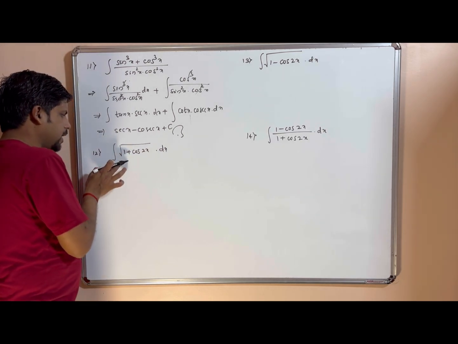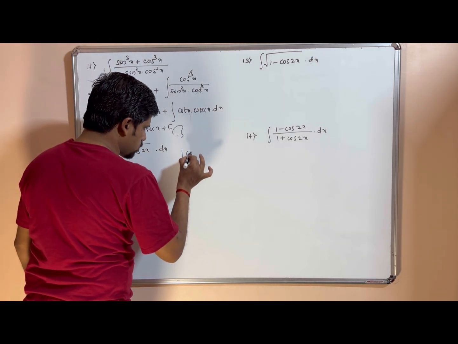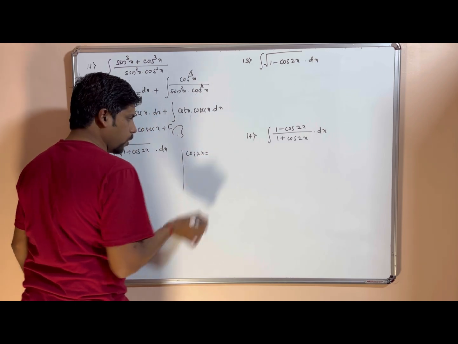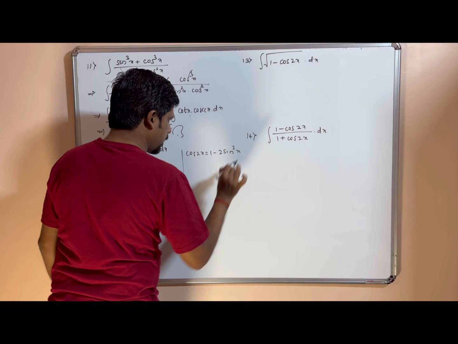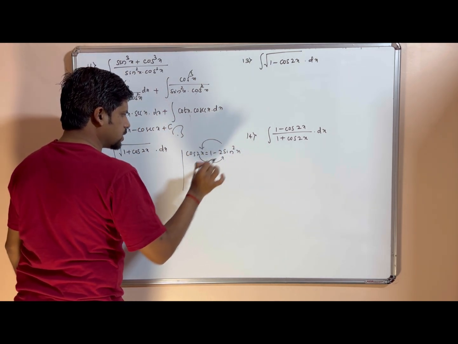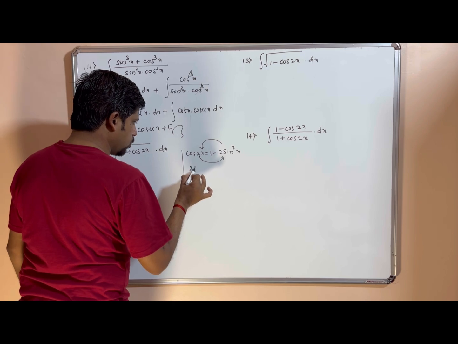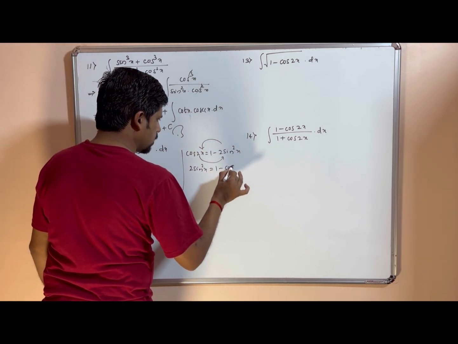Next question, integration of square root of 1 plus cos 2x. We know the cos 2x formula: cos 2x is equal to 1 minus 2 sin square x. Take this one this side and this one this side. We remain with 2 sin square x is equal to 1 minus cos 2x.